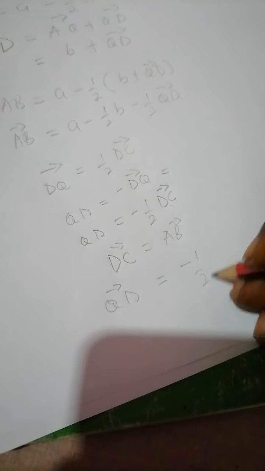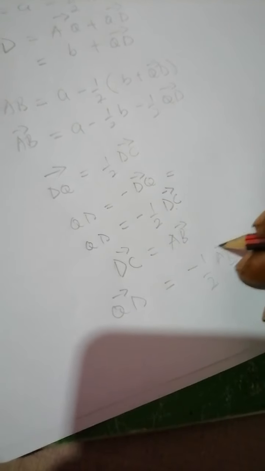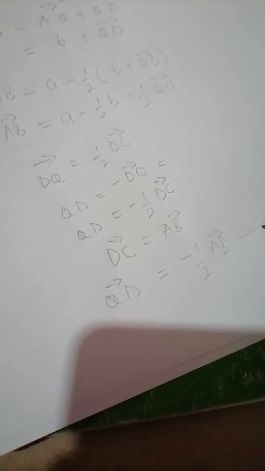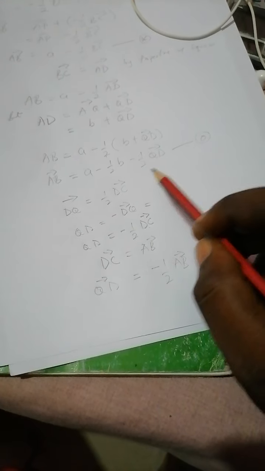So it means my QD now becomes minus half of AB, right? So call this equation H. Then go and substitute this into the equation circle, right? So you're going to substitute equation H into equation circle by substituting QD, right?